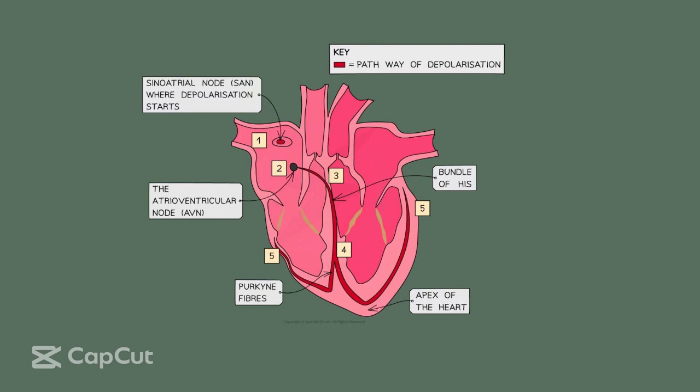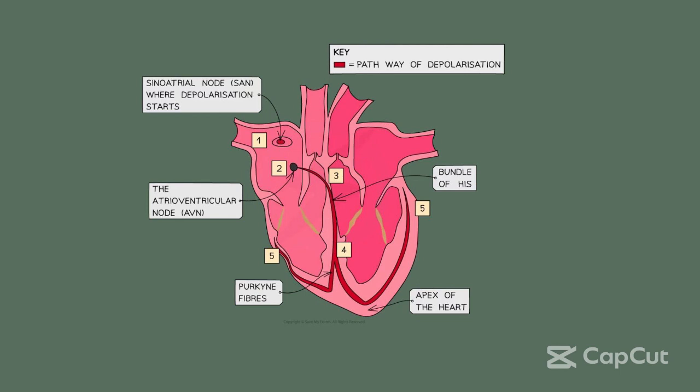So the sinoatrial node is producing this electrical signal, which is able to spread to the other side of the heart very quickly, so they contract at roughly the same time, but it doesn't spread as quickly downwards to the ventricles because you've got this region of fibers which are unable or very slowly conduct electrical signals.